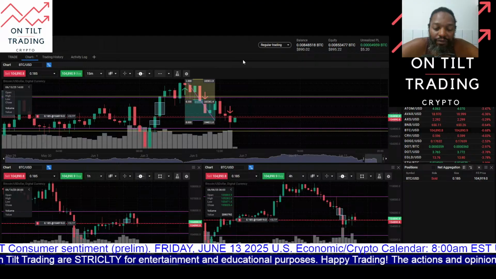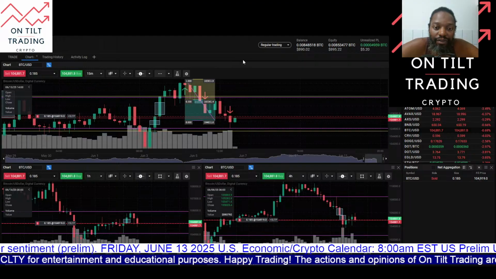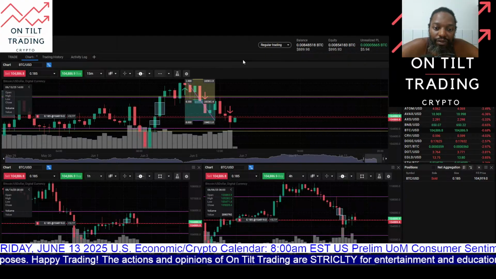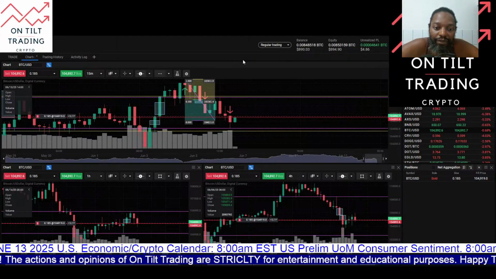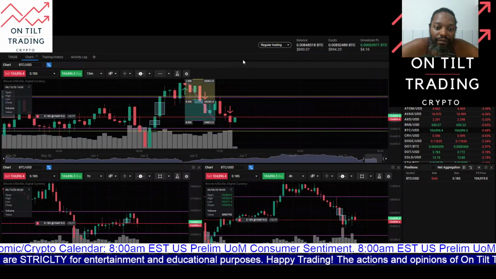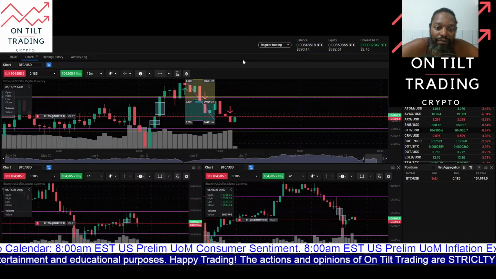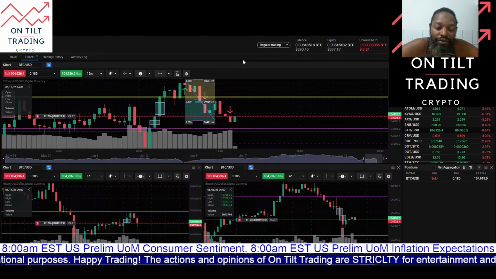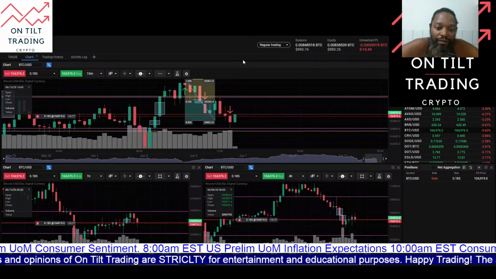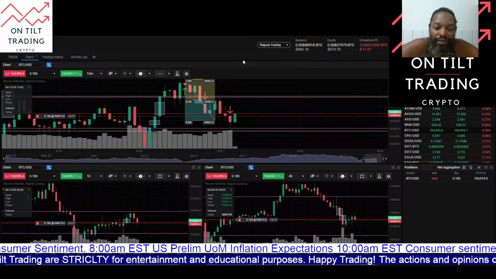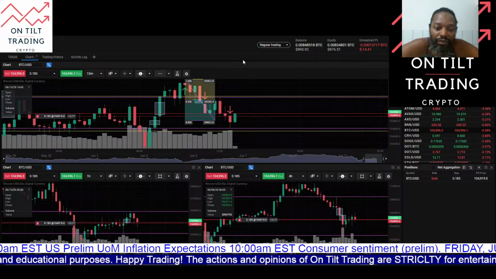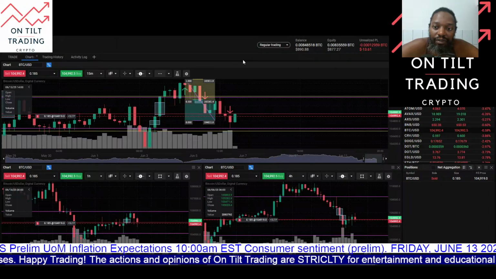A retest of my entry and another reaction. This one looked a bit stronger. Maybe going back for a third test. Third test of the entry. This time it trades through, sweeping liquidity above the entry candle.